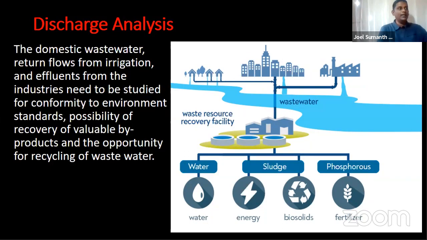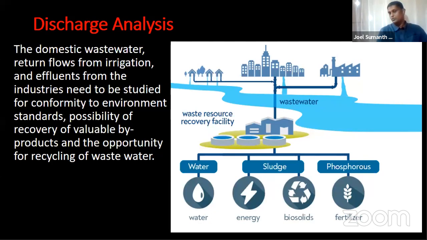So this is why discharge analysis becomes very important. And once this water is treated, it can be reused. And sometimes during treatment, a lot of minerals are extracted from the treatment process, and those minerals are reused.